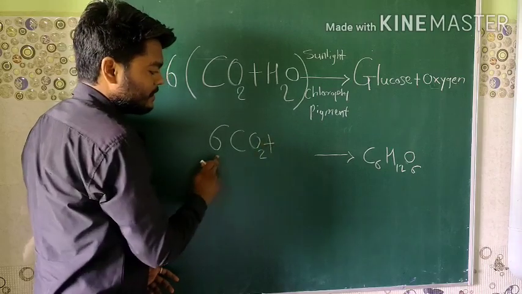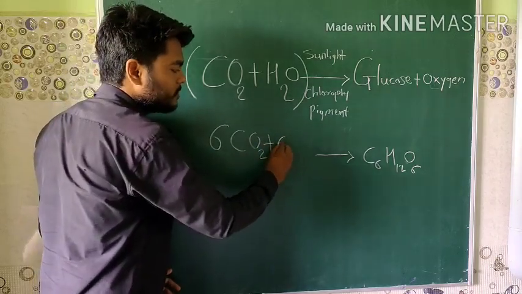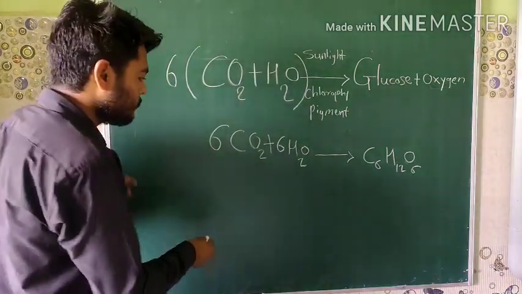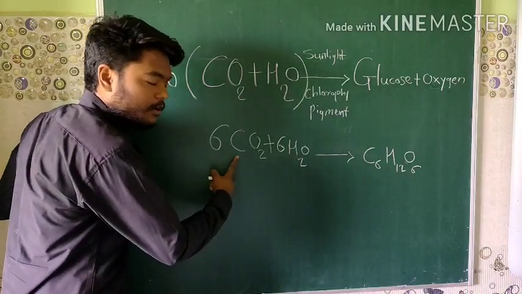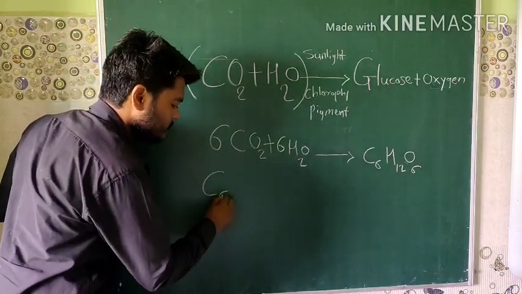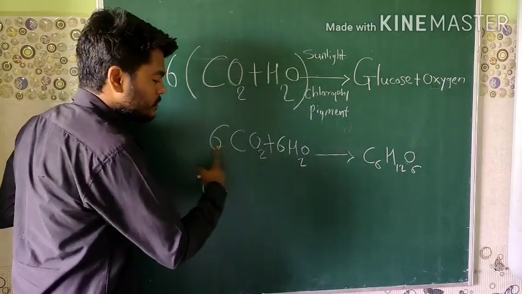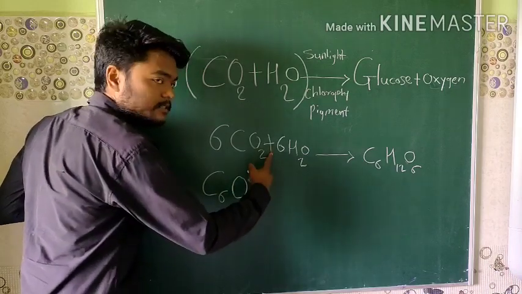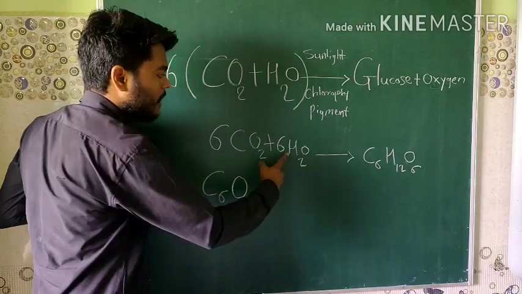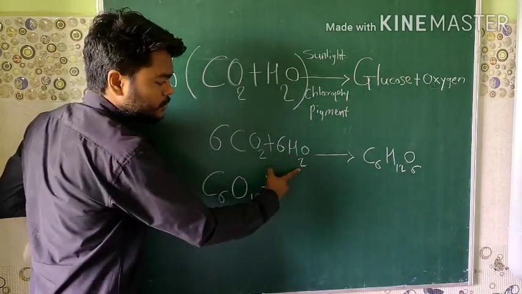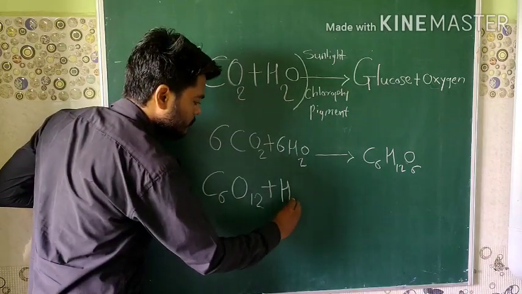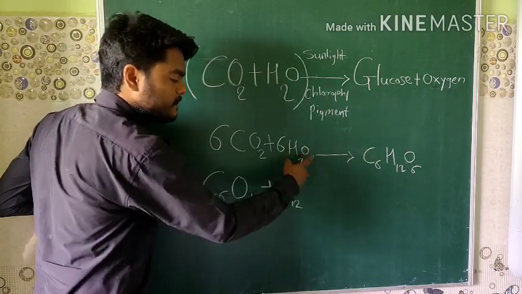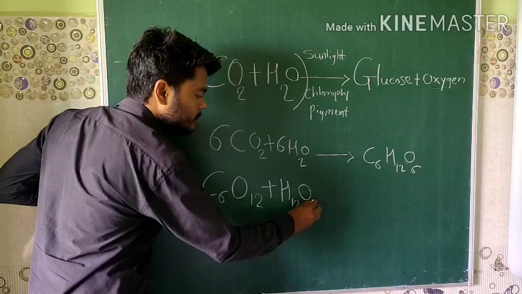So what will we get? 6 carbon dioxide plus 6 water molecules, that is H2O. How will it look? 6 carbon dioxide means 6 carbon, and 6 times 2 is 12, so O12, plus 6 H2, 6 times 2 is 12, so H12, and then 6 oxygen.